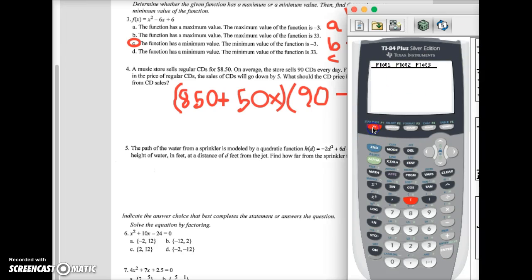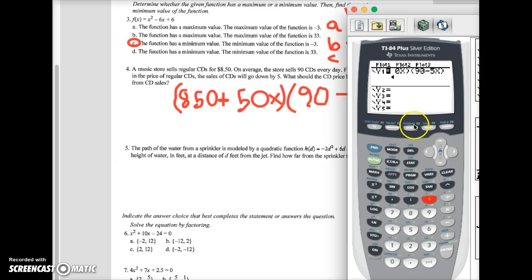So coming back over here, we're going to type 8.50 plus 0.50 x, close the parentheses, times 90 minus 5x.